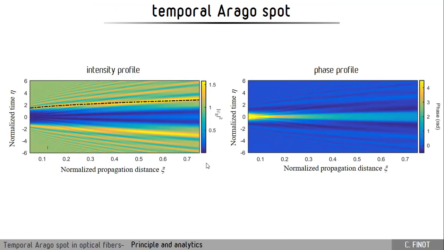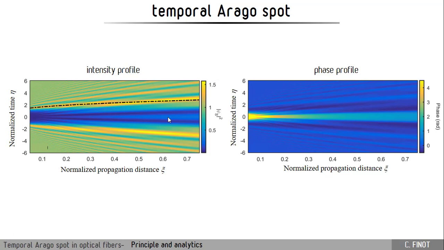So here are the results we obtain theoretically in the temporal domain when we consider the evolution of the intensity profile, but we are also interested in the evolution of the phase profile. And what we can see is that there is a phase shift between what we have at the center of the shadow and what we have outside of the shadow.